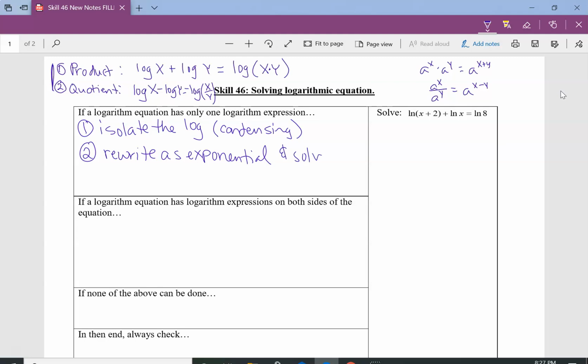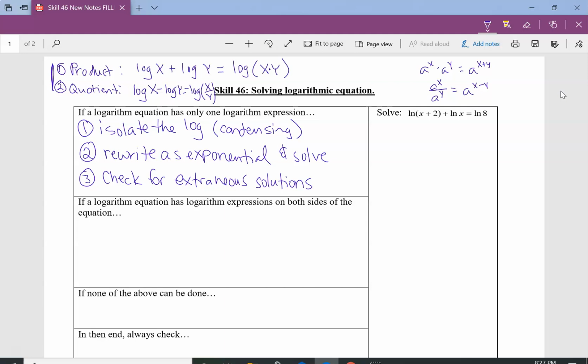And then step 3, and we're always going to do this, is check for solutions, or I should call it extraneous solutions. And we'll always do that no matter which type we solve, because we're going to talk about in a moment what happens if you have a solution that causes a log to be negative.